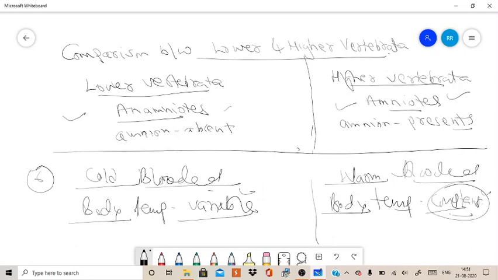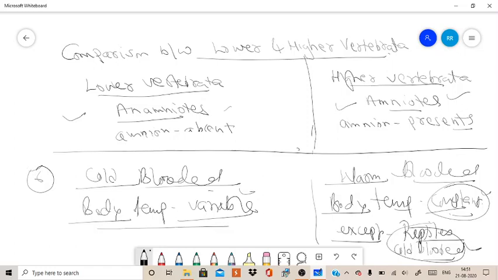So constant body temperature is present in higher vertebrates except reptiles, which are cold blooded. Though they are included in higher vertebrates, they are cold blooded. So here body temperature is variable and here body temperature is constant.